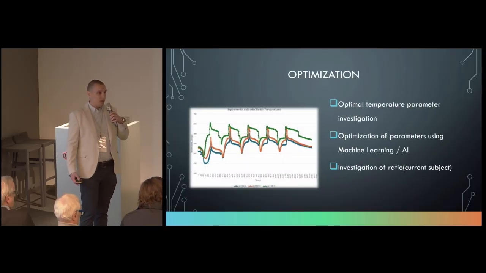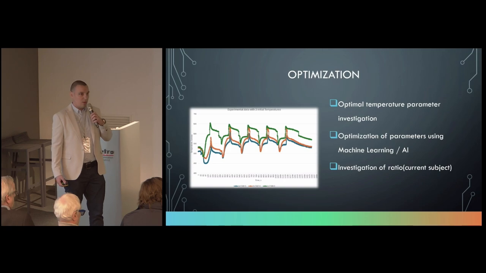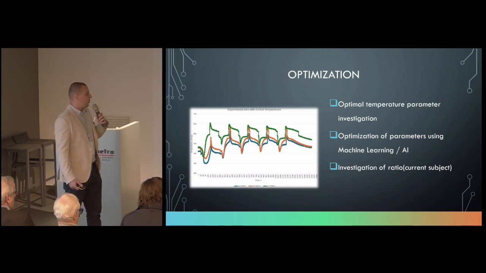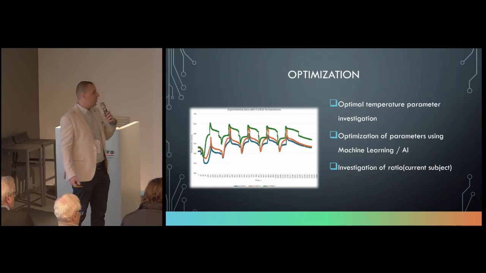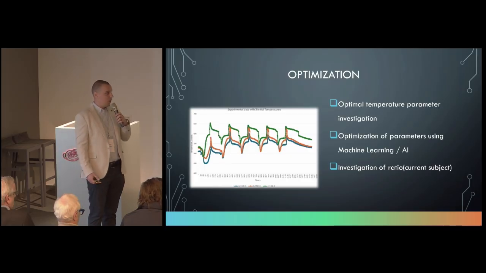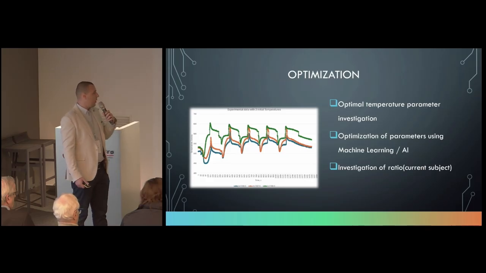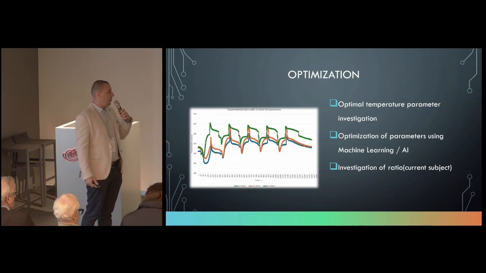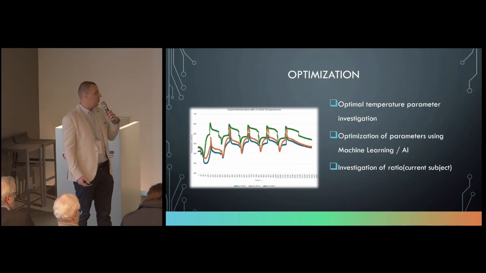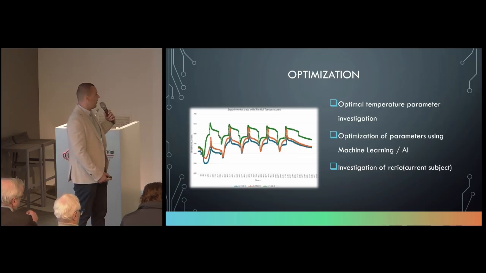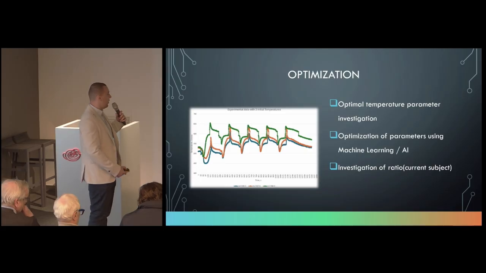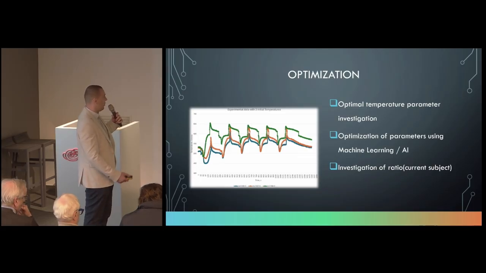Once we have it, we try to optimize it. What we initially tried was different temperatures, to get a temperature parameter investigation that could give us the best initial temperature for the experiment. Here you can see that the article is also published.